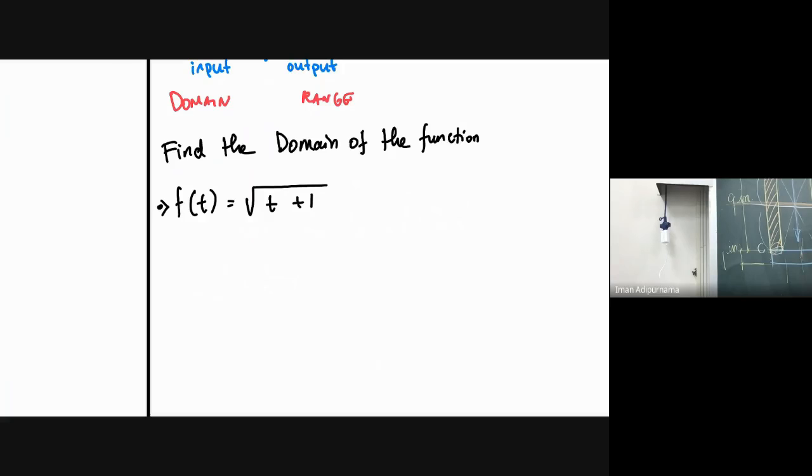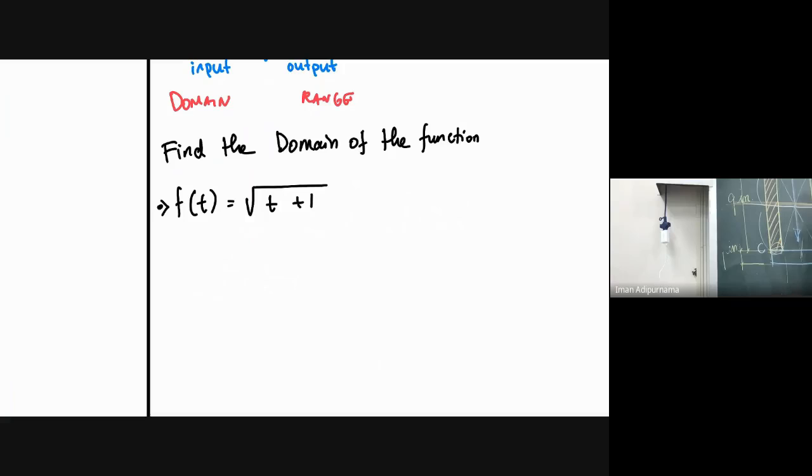Okay, so if you see the square root, and your interval is real numbers, then the whole thing here should be greater or equal to 0. Okay, it can't be negative, right?